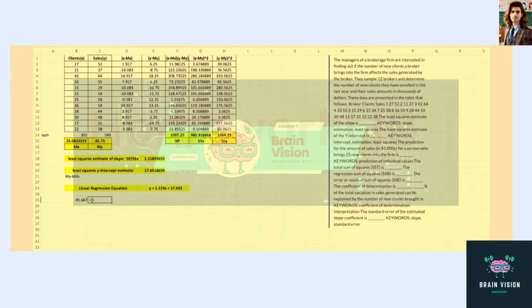So we can say that the prediction for the amount of sales for a person who brings in 25 new clients is 45.667.